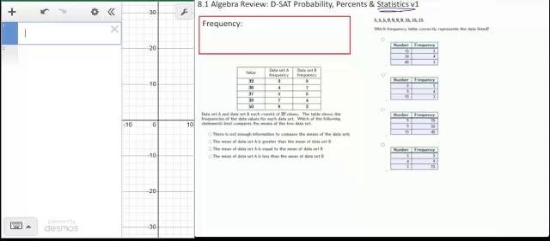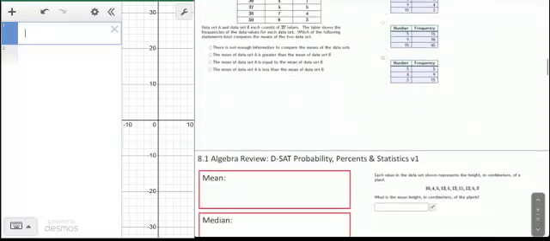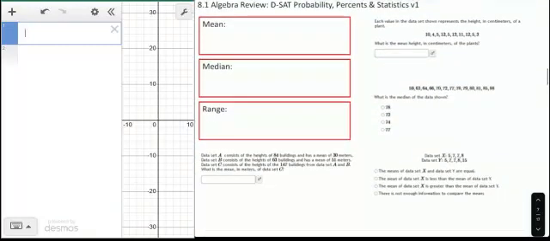The concepts that we're going to look at with statistics are frequency. We're going to come back to this slide in a second, because the main statistical concepts that we're going to look at are mean, median, mode, and range.